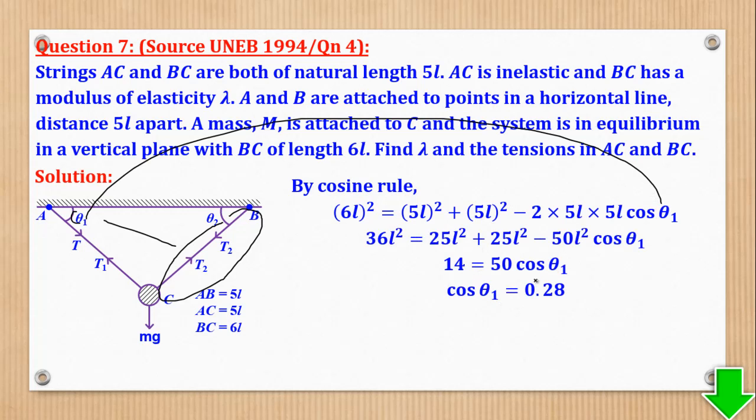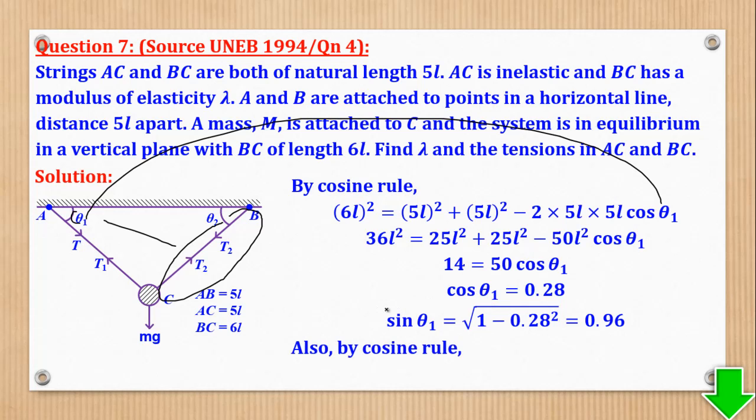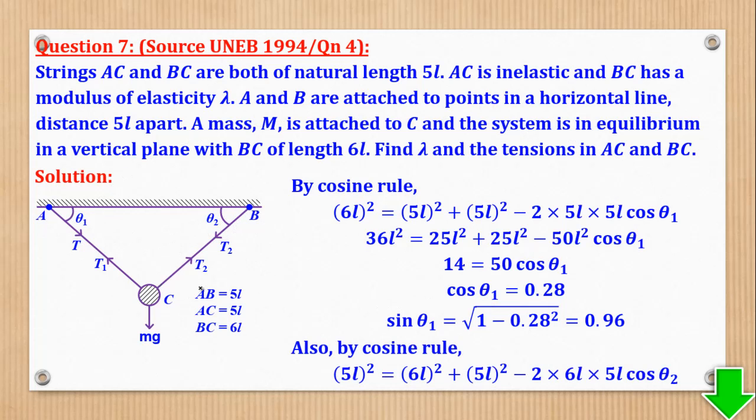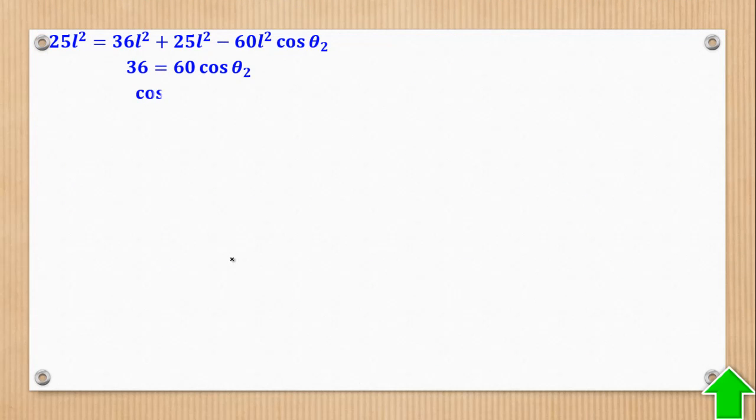You can either get the angle direct or you can use Pythagoras identity to get the value of sine theta, because our interest is sine and cos when we are resolving. Then do the same cosine rule. I want to get this angle, so I'll use this. Then we shall simplify to get also cos theta, and also use Pythagoras or use a calculator to get that value.